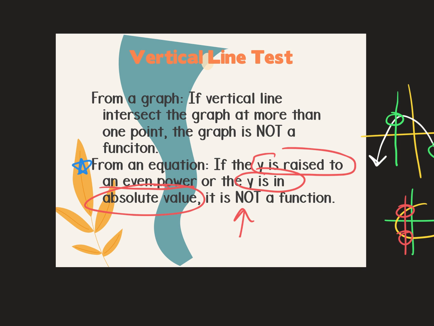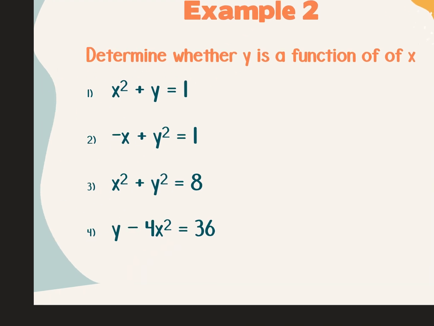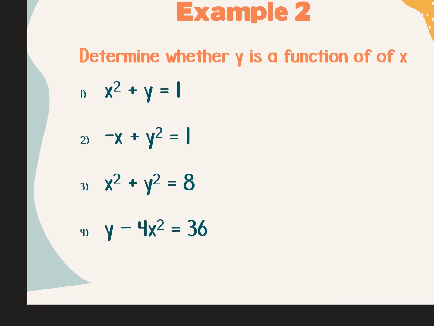So from a list, like an ordered pair, if x repeats, no bueno. In a graph, if you draw a vertical line and it touches more than once, no bueno. If you have an equation, if y is raised to an even power, or if y is an absolute value, it's not a function. So you could be given questions like this. Every time we talk about this section, I always tell everybody to circle what letter?